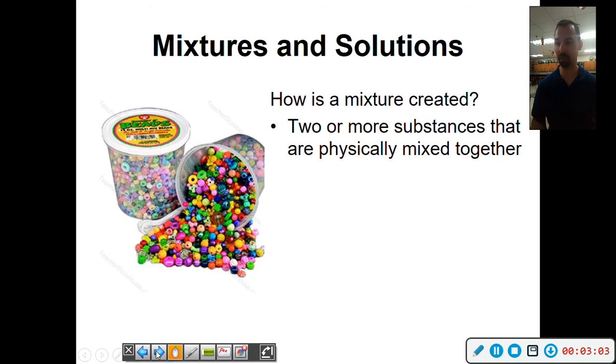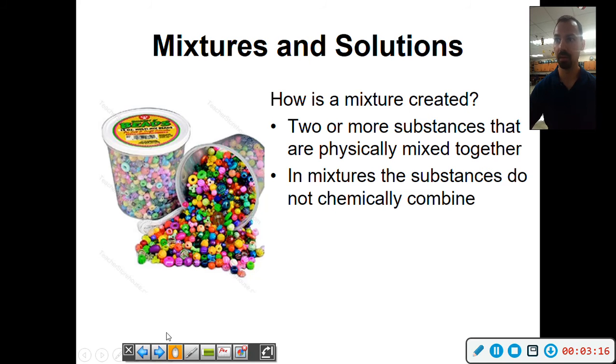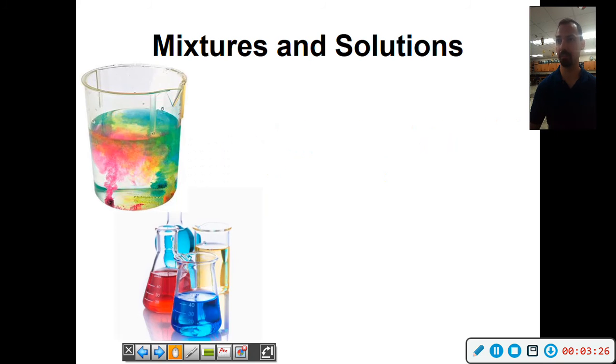If you pick it up and look closely at it, you'll see ground up pieces of rock. You'll also see little crystals. So these are all a mixture. All right, they do not chemically combine with each other. In mixtures, substances do not chemically combine, like I said. So a bucket of beads, sand on the beach, all right, a great example of that.